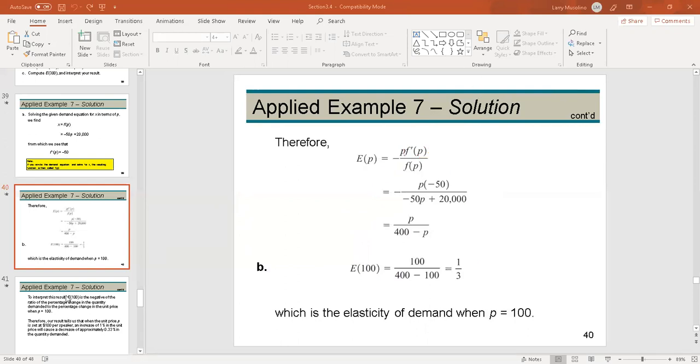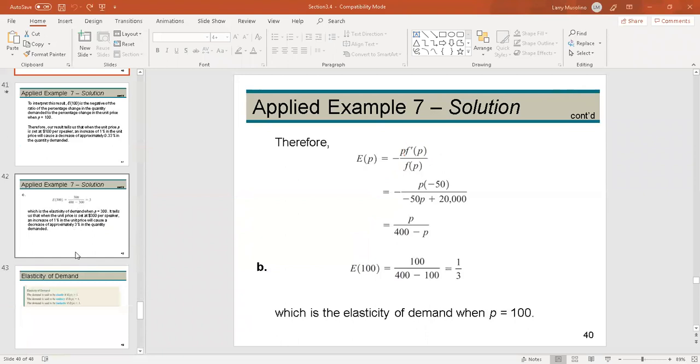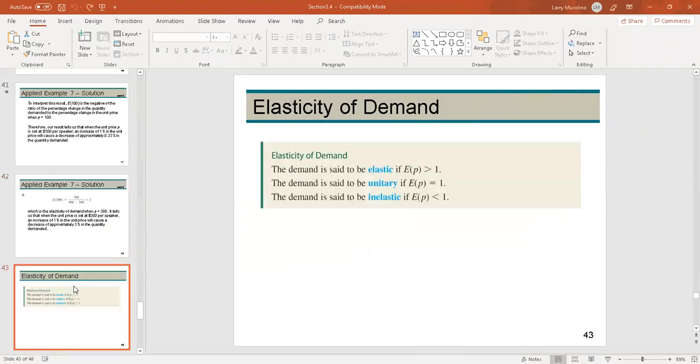So let me go to a slide that explains more about this elasticity function. When you get a result for that E of p that's greater than 1, we say the demand is elastic. If that E of p is less than 1, we say the demand is inelastic.